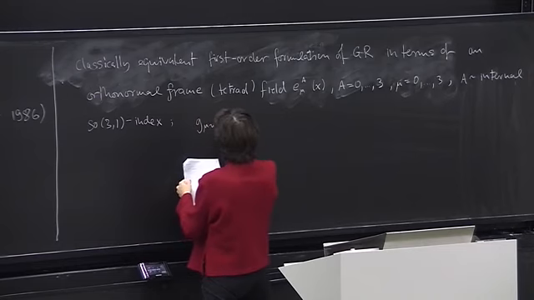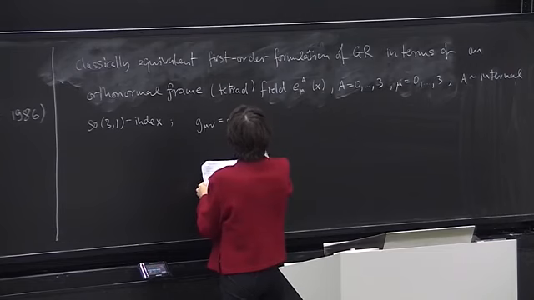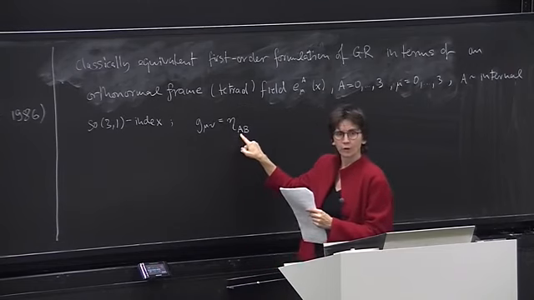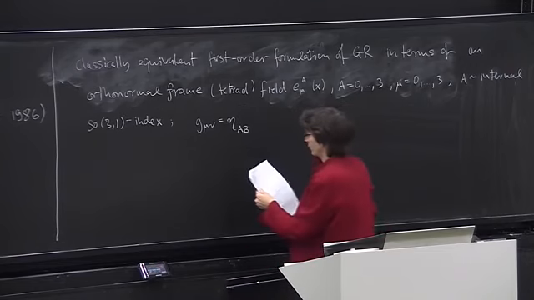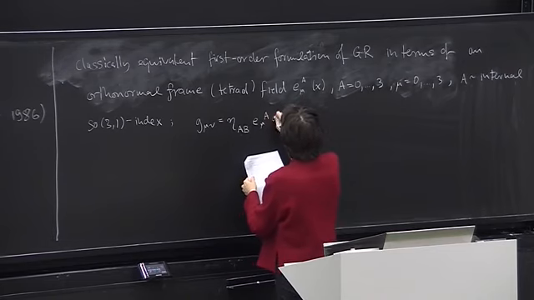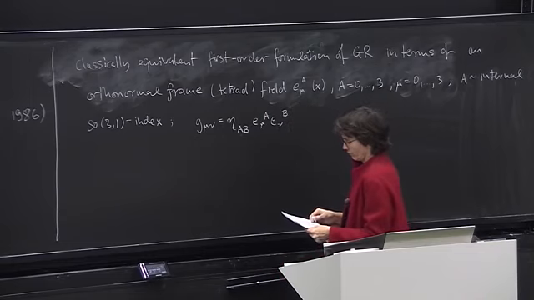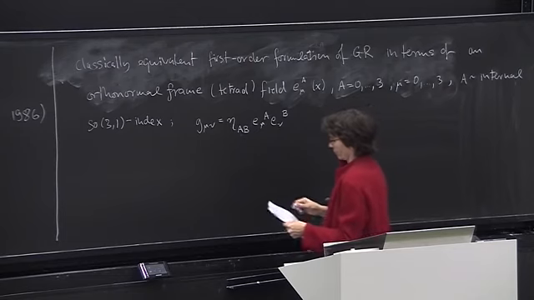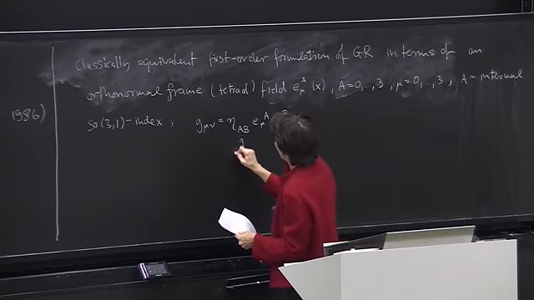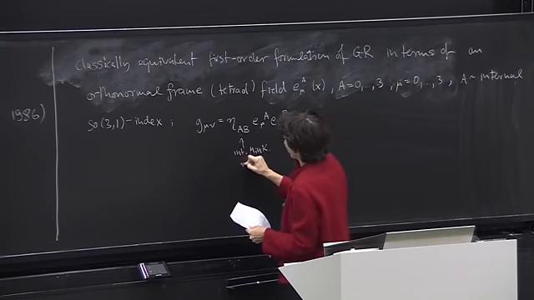So g mu nu is equal to eta AB, a Minkowski metric on this internal space, e mu A, e nu B. So this is the internal Minkowski metric.